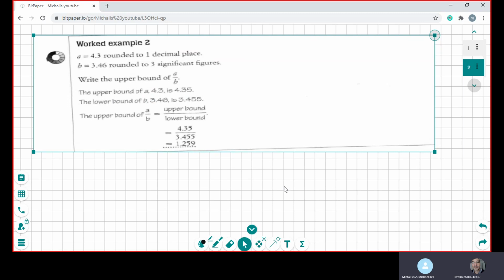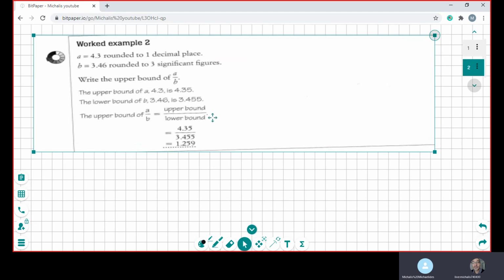Remembering the two methods of how to round to 1 decimal place and how to round numbers to 3 significant figures, we can then find the upper bound of the fraction by dividing the upper bound of the numerator a by the lower bound of the denominator b.